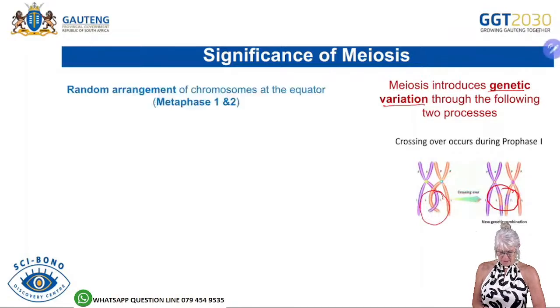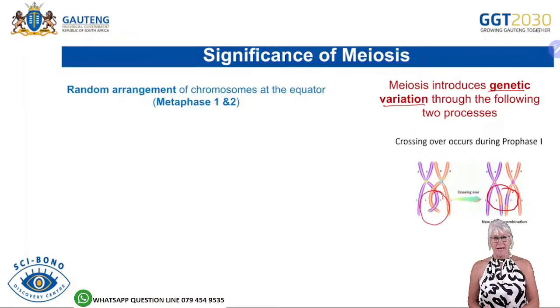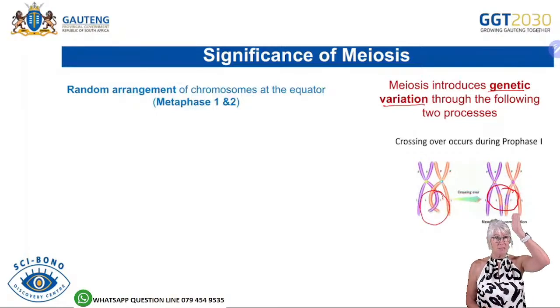And the second way is through random arrangement. When the chromosomes line up at the equator, there isn't a recipe that says all the paternal chromosomes must be this side and all the maternal chromosomes that side. It happens randomly, exactly like the lotto.